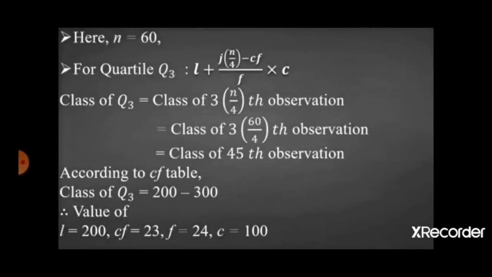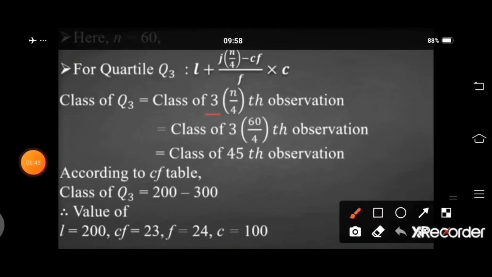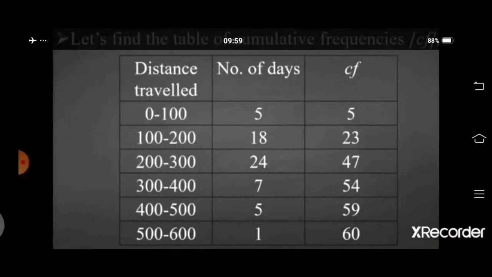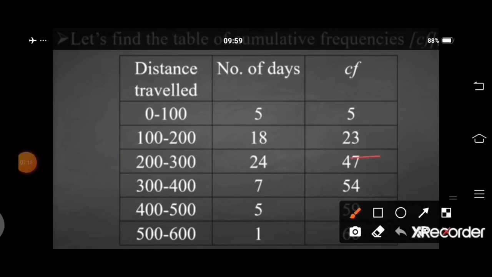Then find quartile 3. Quartile 3 means first you write 3, then the quartile formula 3n upon 4th observation. N equal to 60 divided by 4, times 3, we will get the 45th observation. If we see in the CF column, 45 comes here.